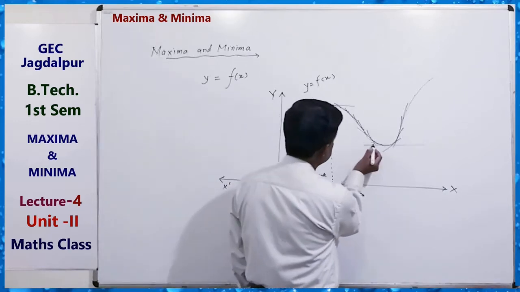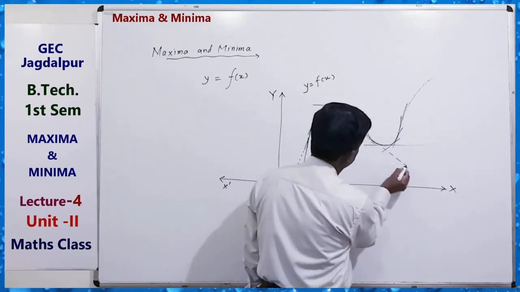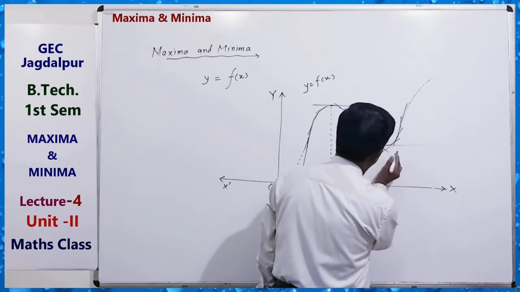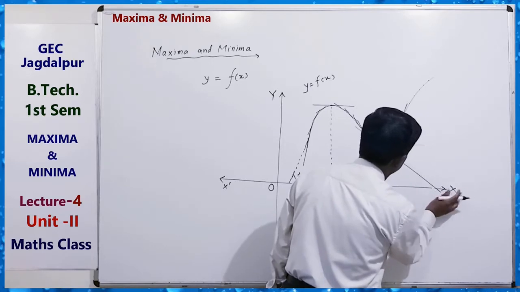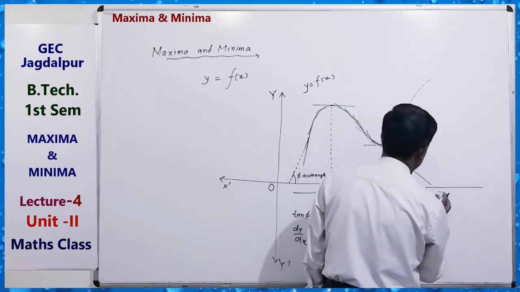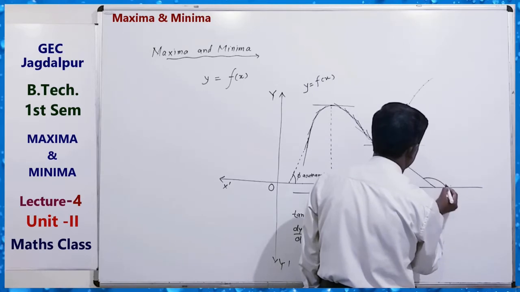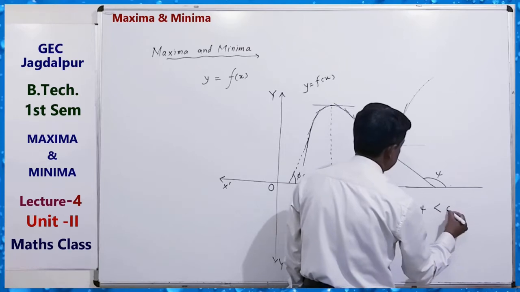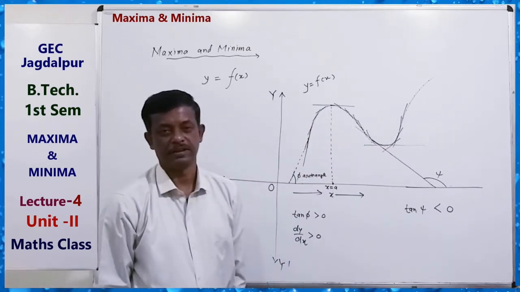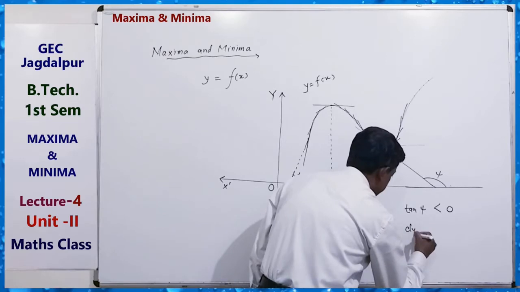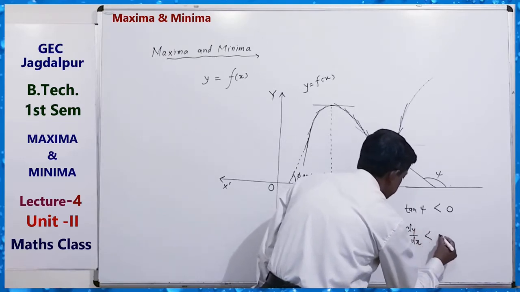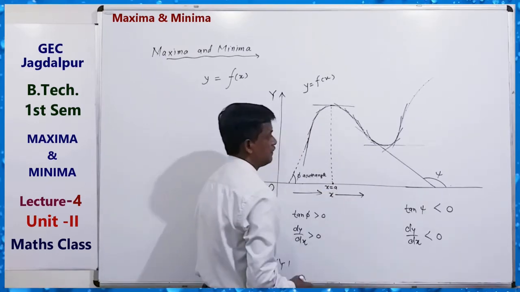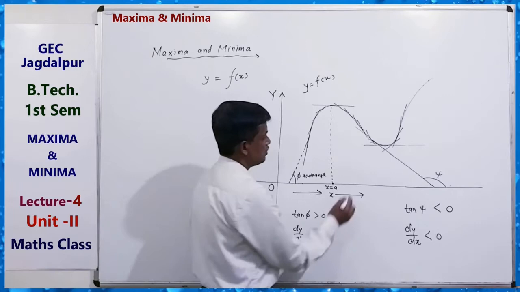And here, this tangent makes an angle psi. Tan psi is negative. That is, dy by dx is negative for those points greater than a. Okay, up to this.